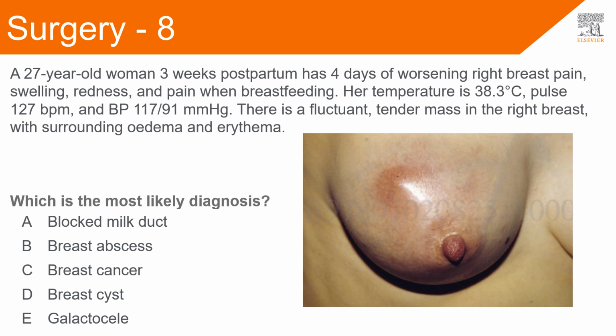Which is the most likely diagnosis? A, a blocked milk duct, B, a breast abscess, C, breast cancer, D, breast cyst, or E, a galactocele. So I'll just give you 30 seconds to think about the correct answer.